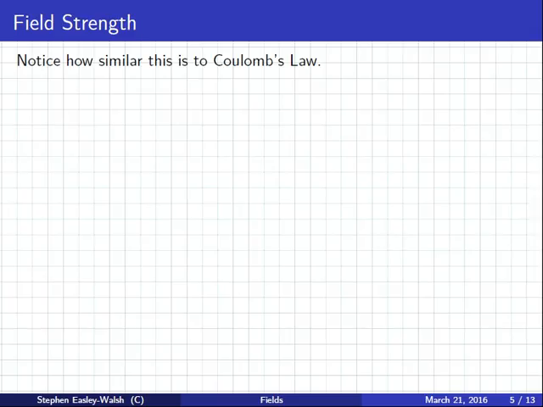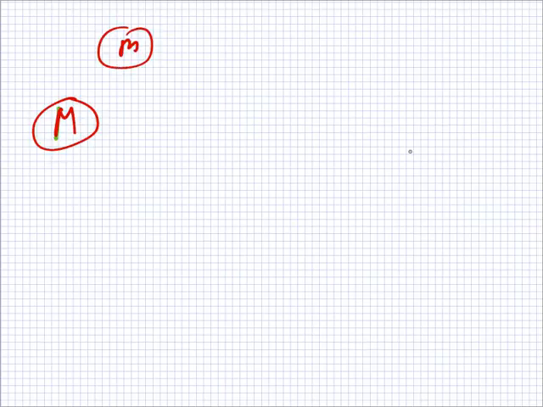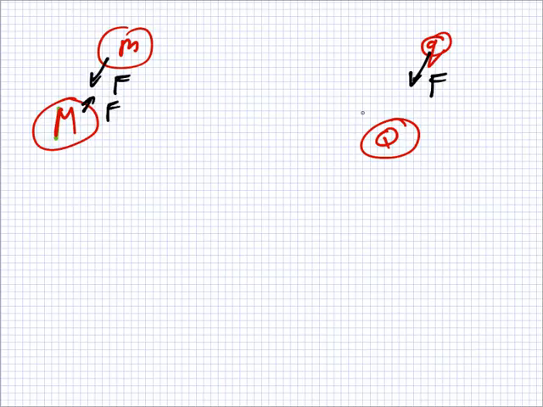Now this is the part in the lesson yesterday where I noticed, wait a second, I skipped something. So, notice how similar this is to Coulomb's law. Before I go ahead, if you compare the situation, we have maybe a mass here and a mass here, and then a charge here and a charge here, and there's a force this way and a force that way.